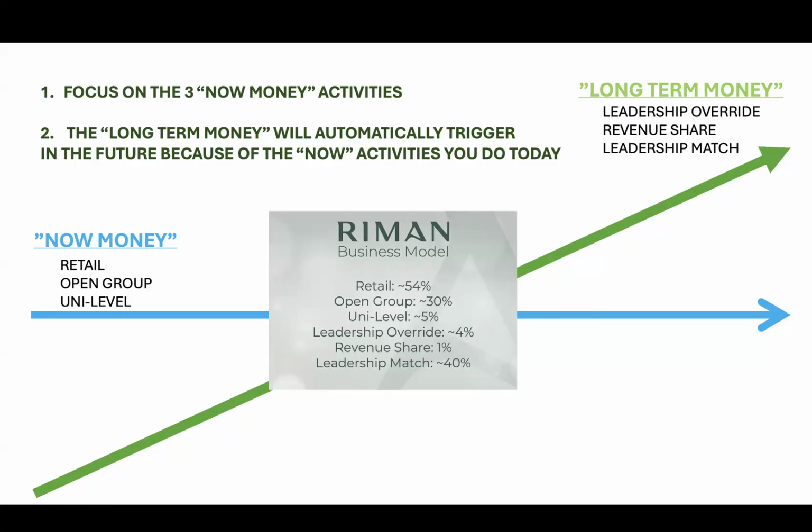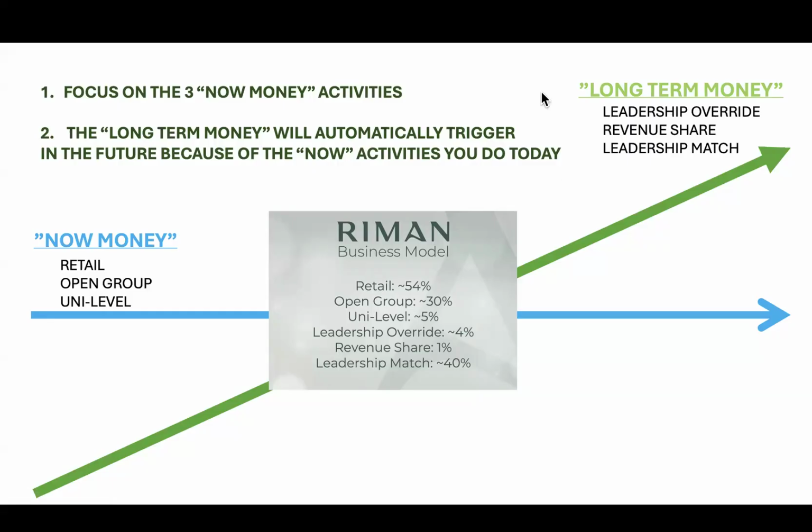But look at clause number 1 and 2. Focus on the 3 now money activities because in reality, that's all you really need to focus on. The long-term money will automatically trigger in the future because of the now activities you do today.